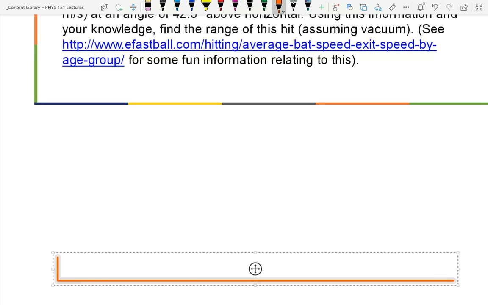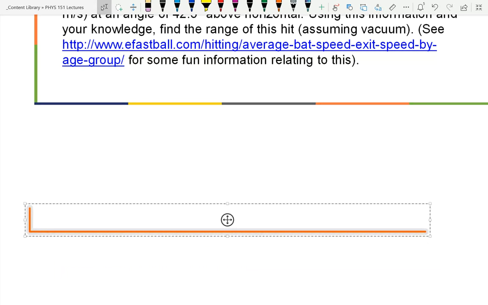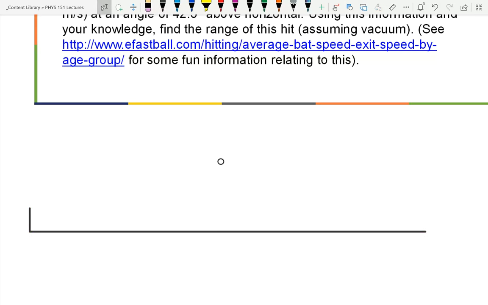Okay, there's my X and Y axes in a beautiful color. So I wasn't thinking. There, now it's the regular color. So I'm going to have the ball start here at some elevation. It's 0.5 meters. And it's going to go up at an angle of 42.5 degrees and come down like this. And so I'm going to write in on here what I know.